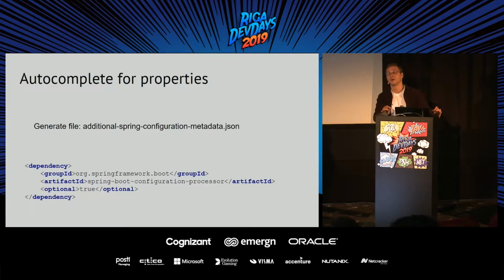Another option, we can add this dependency, and this dependency will automatically generate this JSON file regarding all classes marked with the ConfigurationProperties annotation, and will use all the fields as a suffix, and the prefix is written inside the ConfigurationProperties annotation. Okay, I can show you this file, additional-spring-configuration-metadata.json, we have a lot of them.